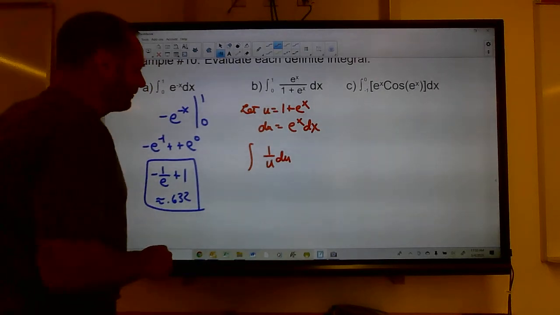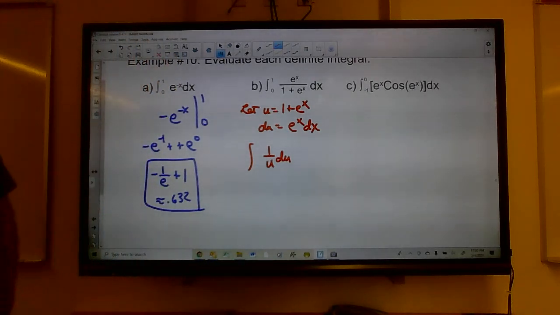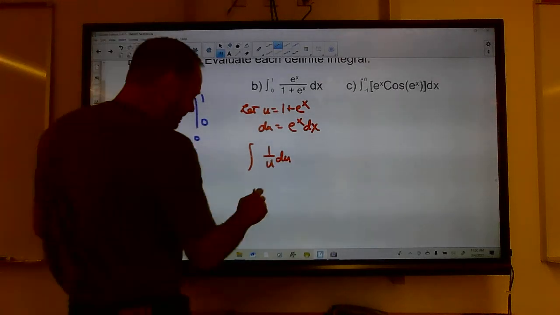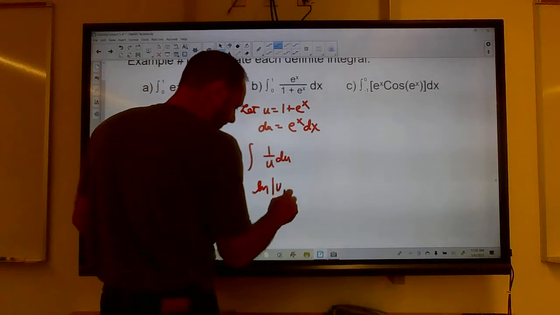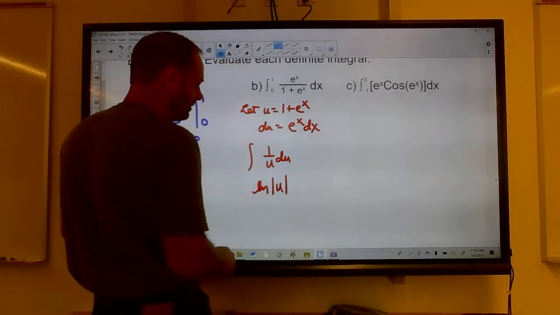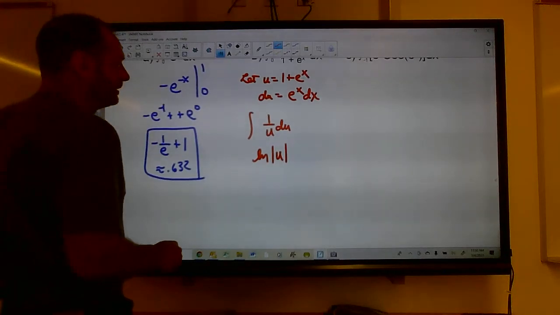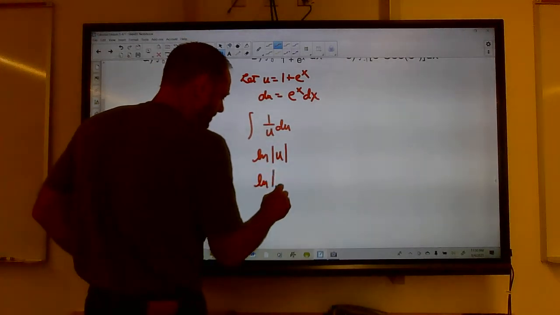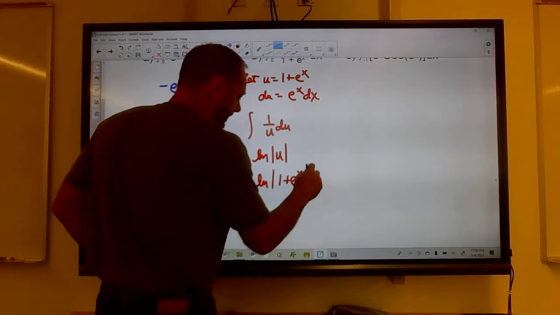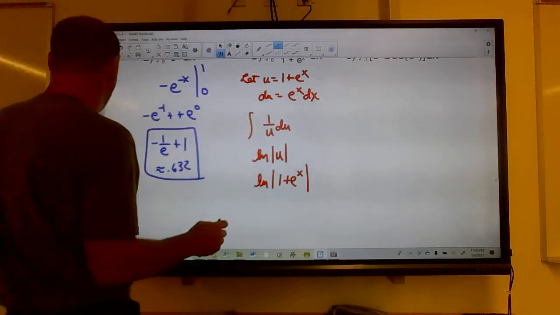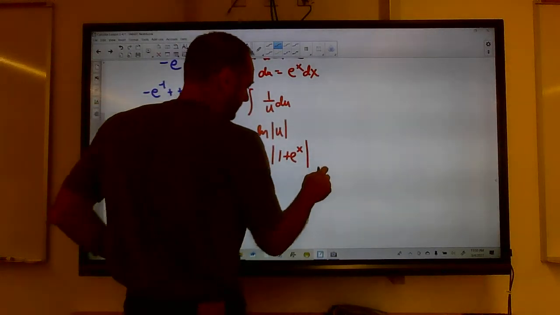So the integral of 1 over u du is the natural log of the absolute value of u. And then I'm going to put back in the 1 plus e to the x, and we're evaluating that from 0 to 1 again.